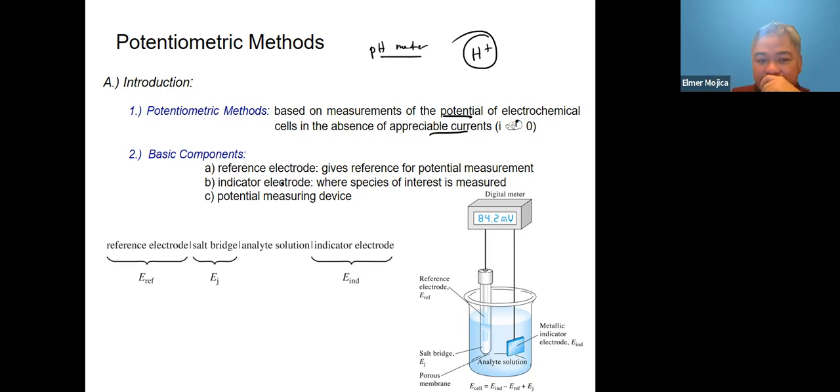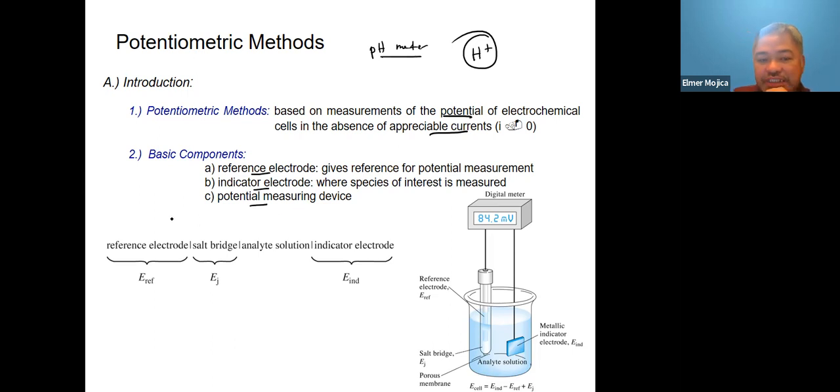But deep inside there, meron siyang reference electrode, indicator electrode, at saka yung tinatawag nating potential measuring device. Okay? So if we go one by one, dito sa mga component na to, yung reference electrode, yan yung parang reference na ginagamit for potential measurement. And we will go on to discuss some of these reference electrodes as we go on. Okay? And then if we have this indicator electrode, dyan natin nilalagay yung species of interest. Mini-measure natin dyan. Tapos yung huli yung potential measuring device.